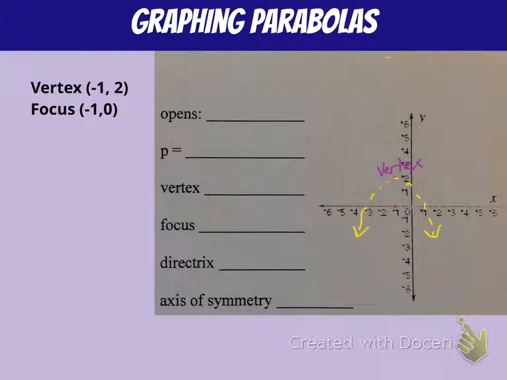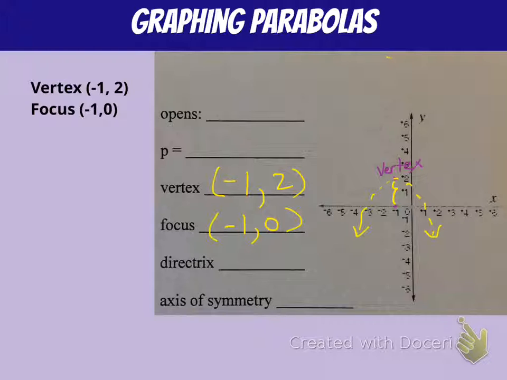Number one, we know our vertex and focus because they were given. -1, 2 was the vertex, -1, 0 was our focus. But we also can find the p-value because we have the distance, and we can see that right here by counting 1, 2.